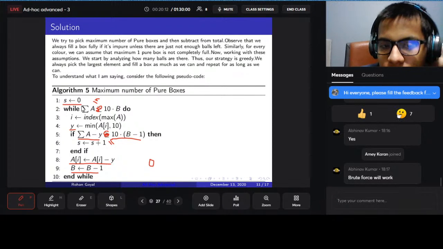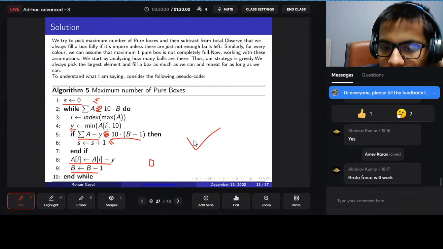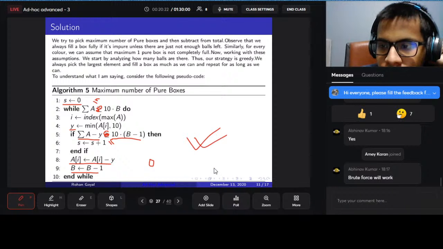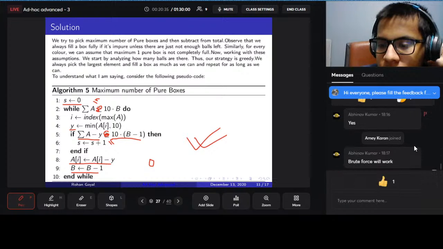So we get S goes to 0. So we get our answer with this algorithm, and this algorithm works. So let's now try to implement it. Is the algorithm fine? Do you understand what the algorithm is doing?